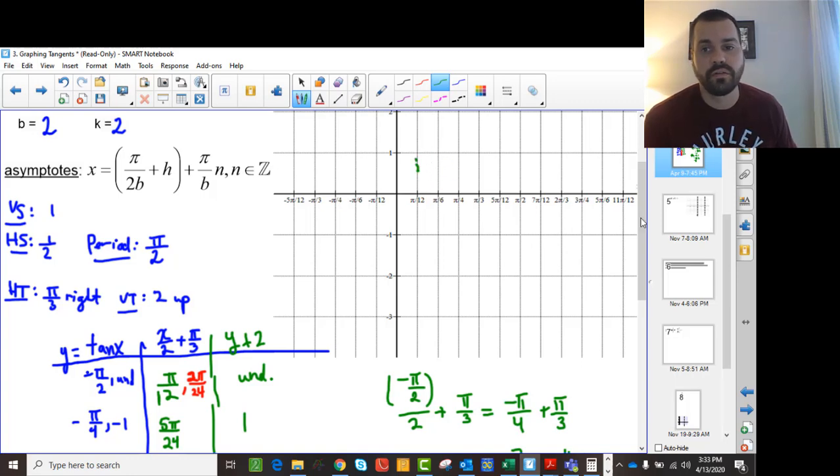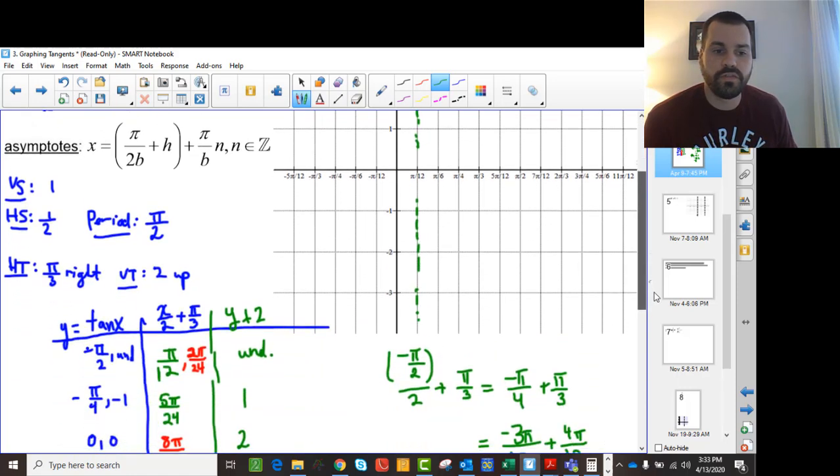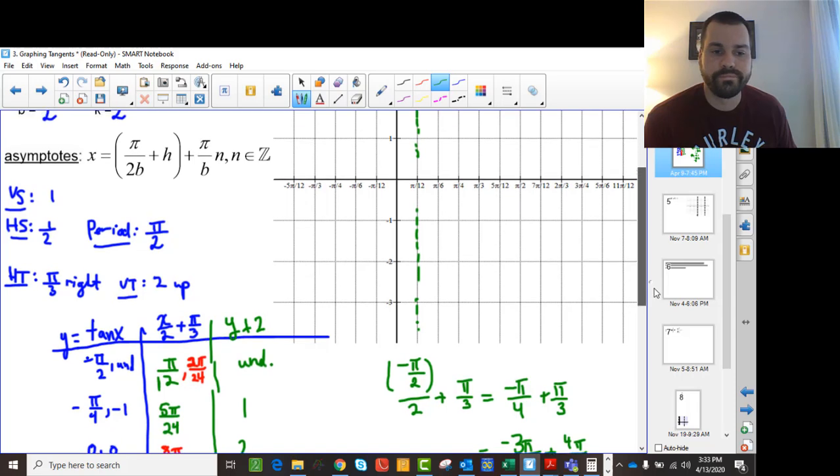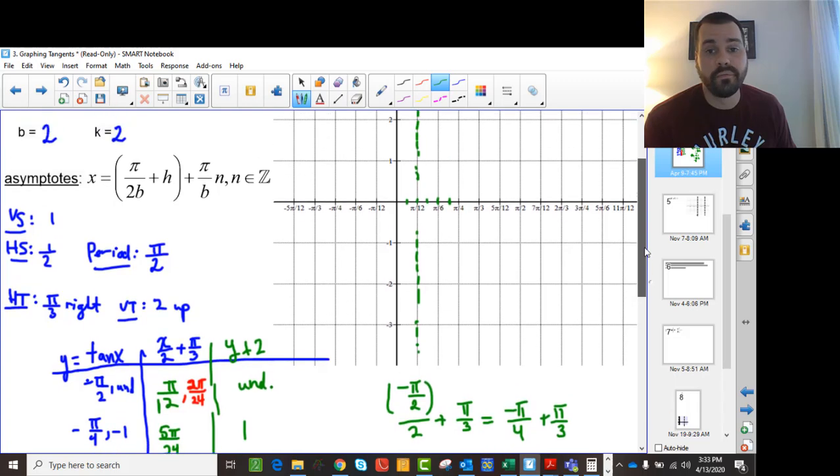So that means I have, here's my asymptote. Okay, all the way down. And then the next point is 5 pi over 24, which is pretty close to, if you kind of go up by halves, all right, that's pi over 24, that's 2 pi over 24, 3 pi over 24, 4 pi over 24, so 5 pi over 24 is right there, and I'm going to be at 1.